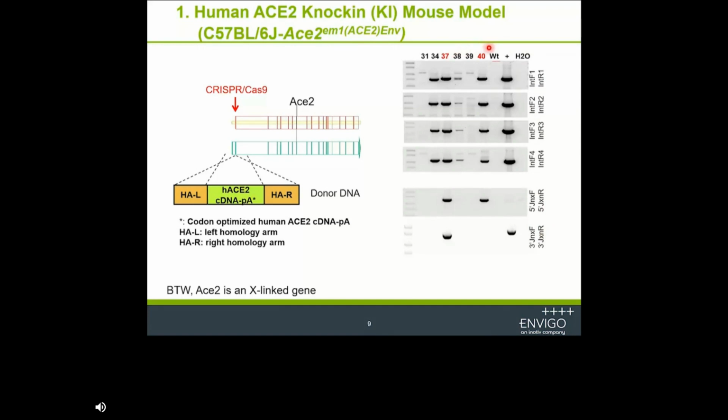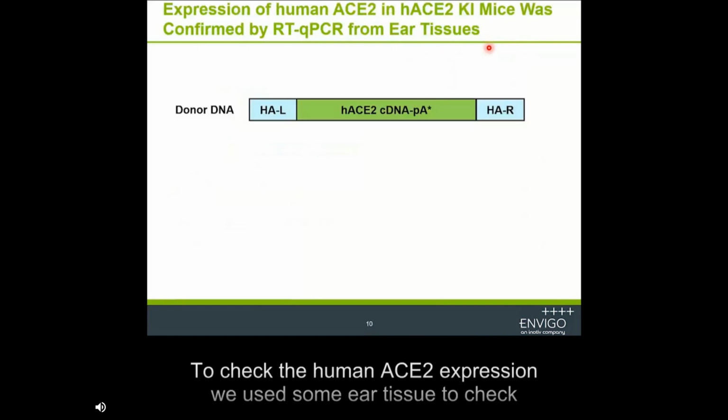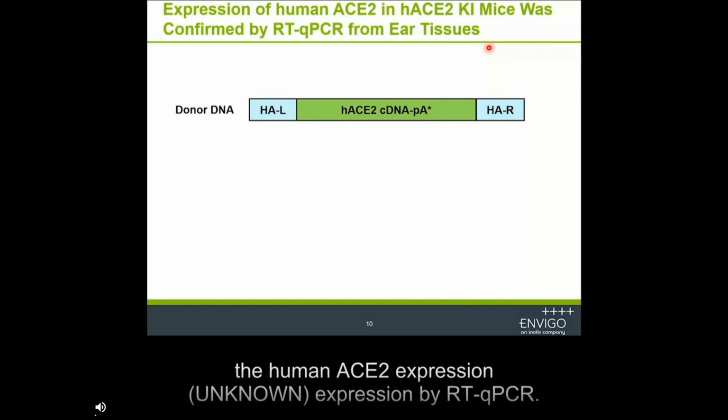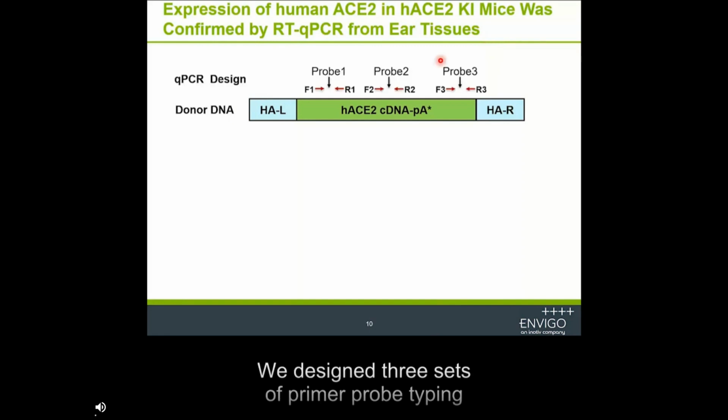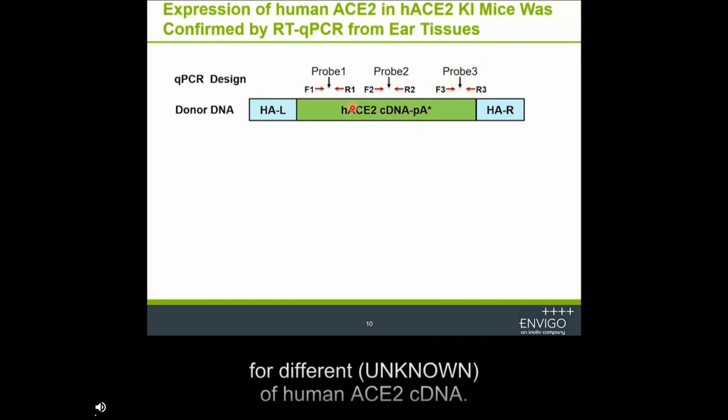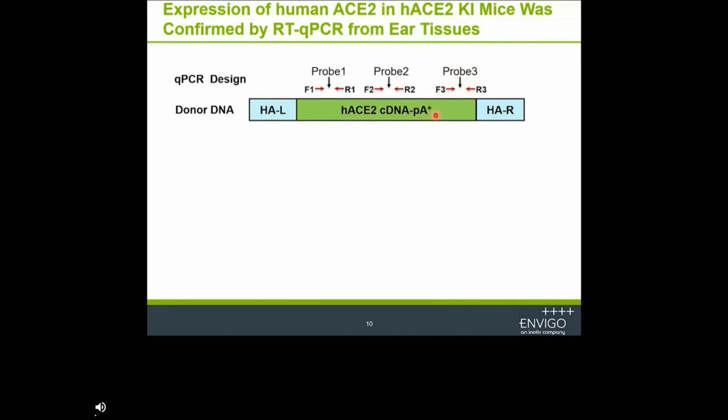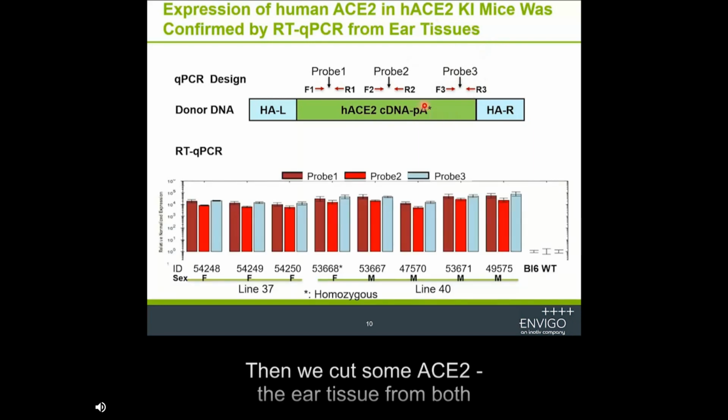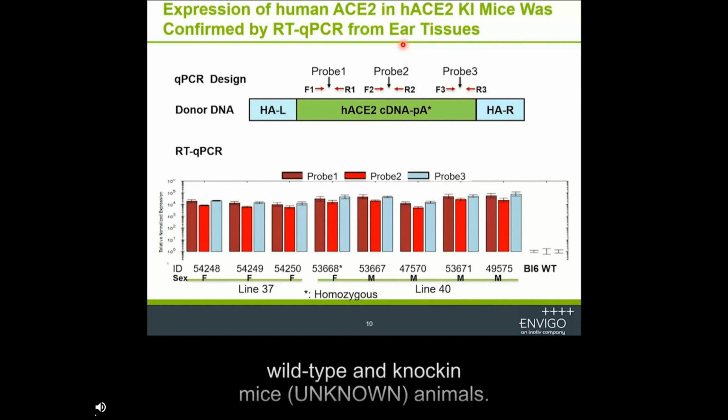To check the human ACE2 expression, we first use some ear tissue to check the human ACE2 mRNA expression by RT-qPCR. We designed 3 sets of primer or probe targeting different regions of human ACE2 cDNA. Then we cut some ear tissue from both wild type and knockin mice to save the animal.